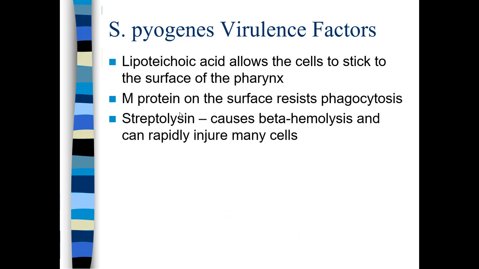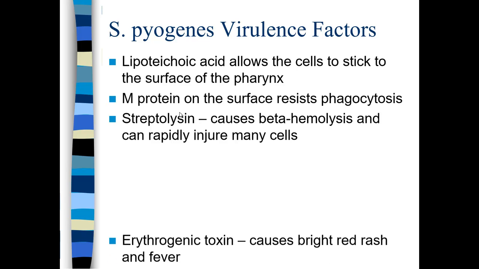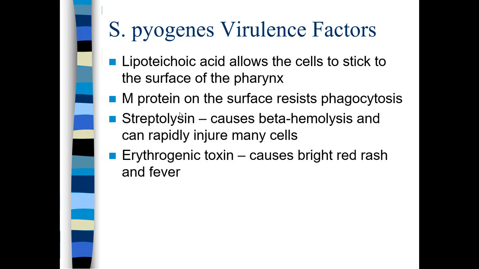Streptolysin causes a type of hemolysis called beta hemolysis, and it can rapidly injure many blood cells, okay, and other cells as well. Erythrogenic toxin, whenever you think erythrocytes, or you see sort of redness, a bright red rash, and a fever.